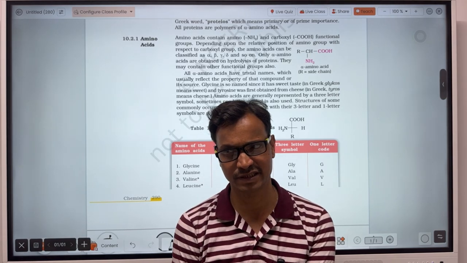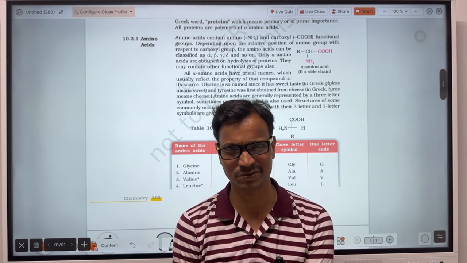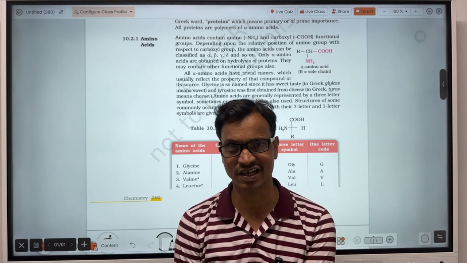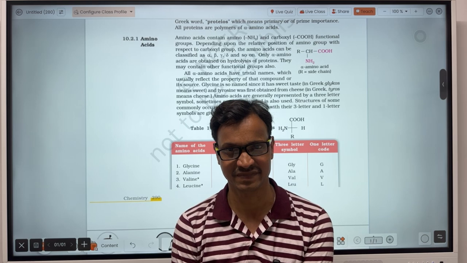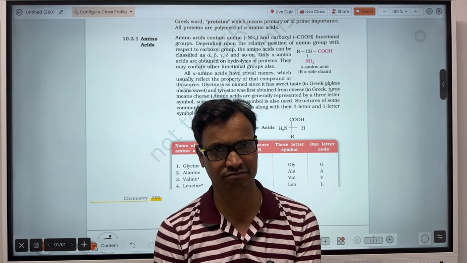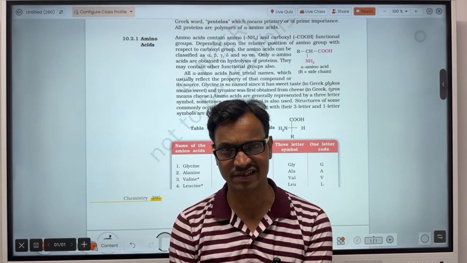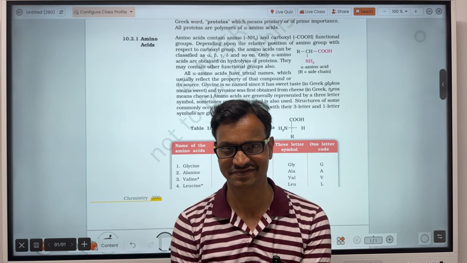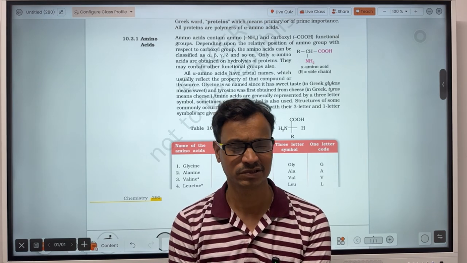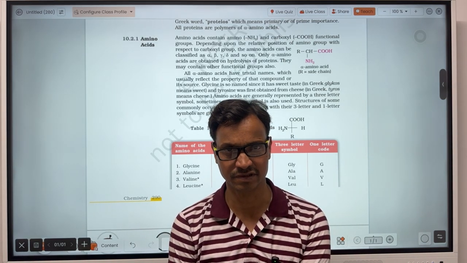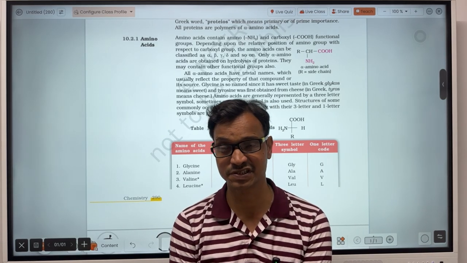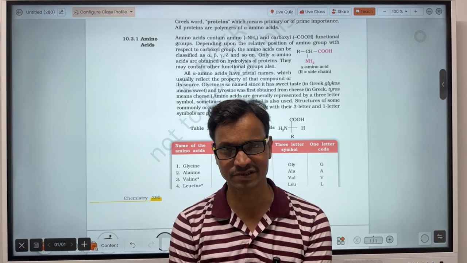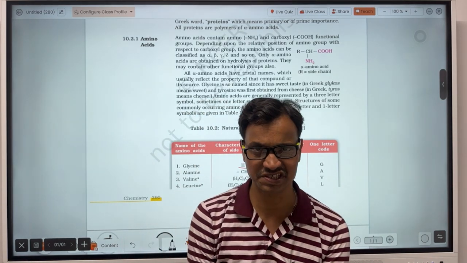It has not been asked in the 12th board examination as far as I know from the question banks, but it was asked in the CUET examination and also in NEET. So the simplest amino acid is glycine.